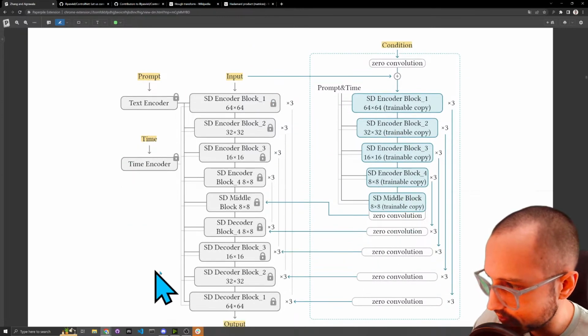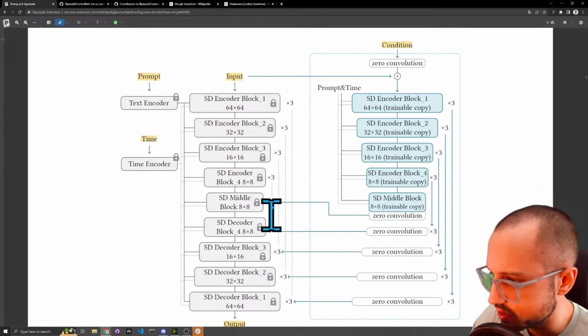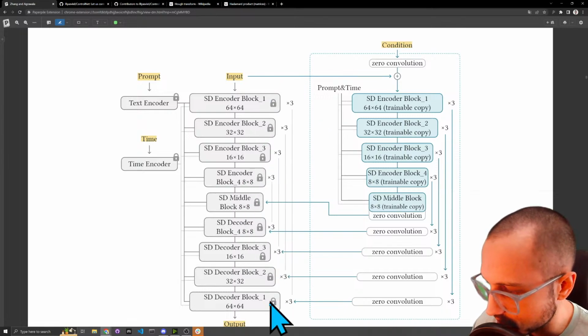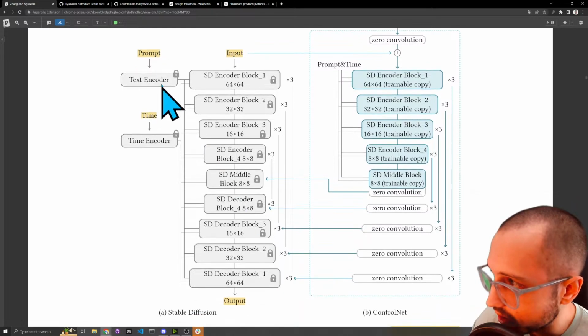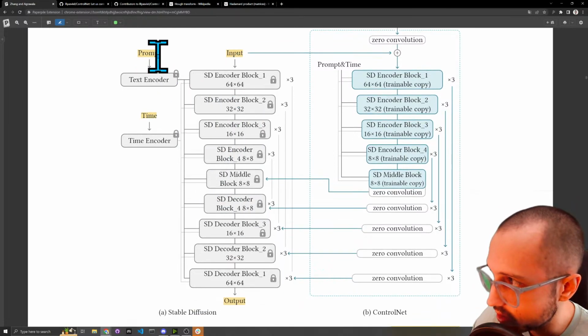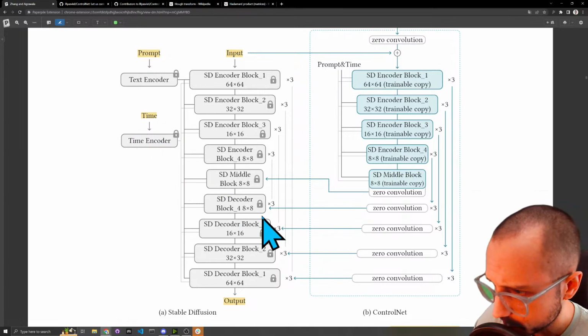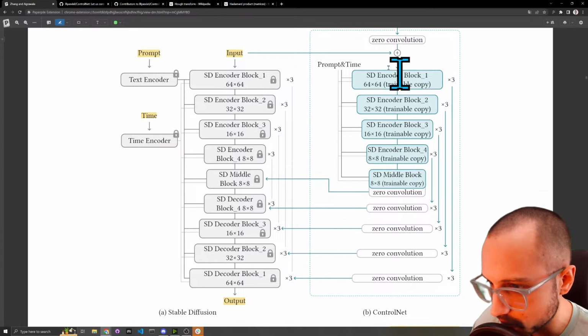Okay, we have our Stable Diffusion. It's a UNet. There's skip connections between the encoders and the decoders of this UNet. You're conditioning every block in this diffusion model with both the prompt that has been fed through a CLIP text encoder and then the time, which is just fed through a standard kind of position encoder. And then we're going to build this parallel network next to it, which we're going to call the ControlNet.